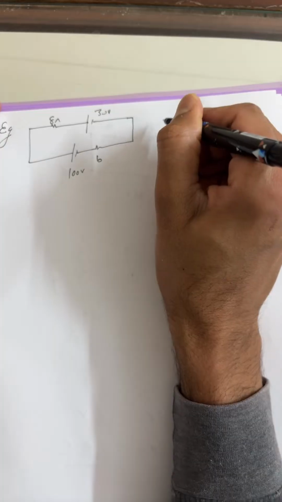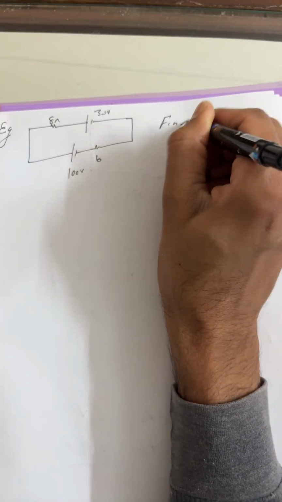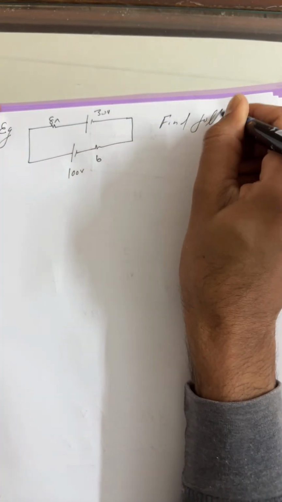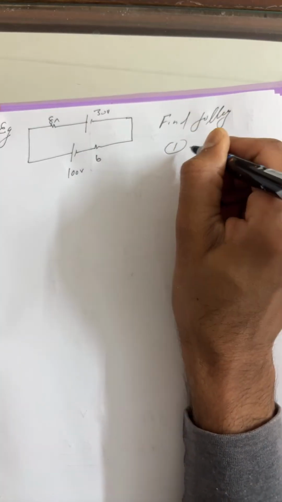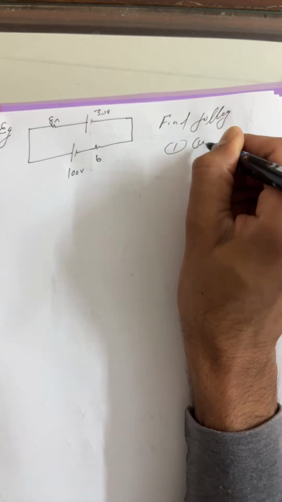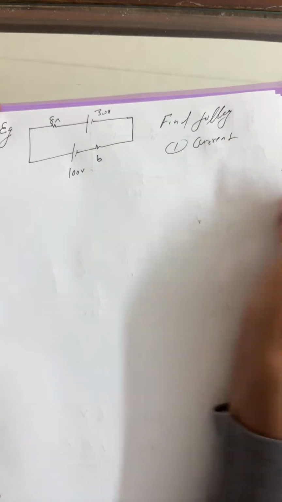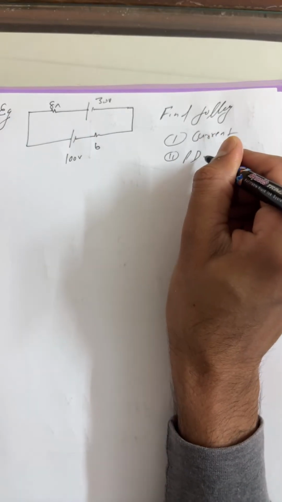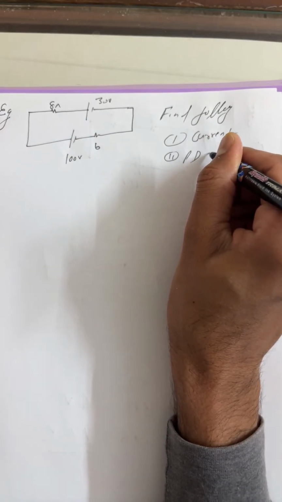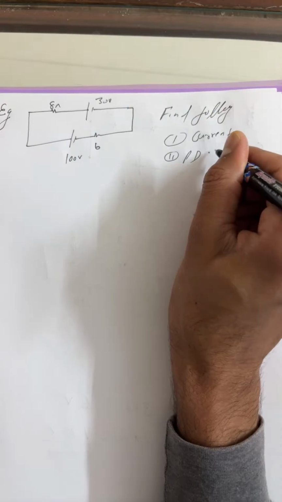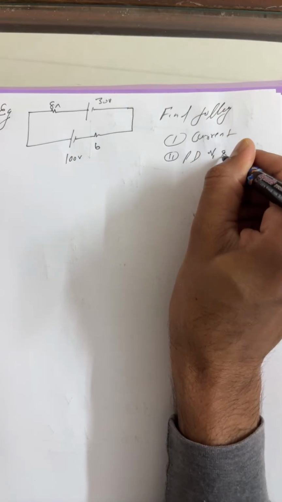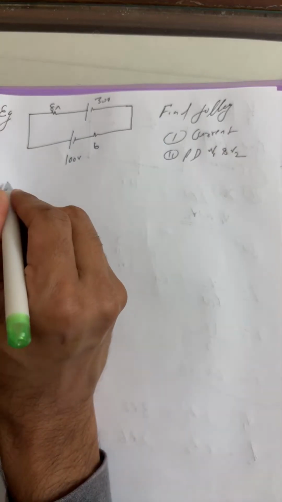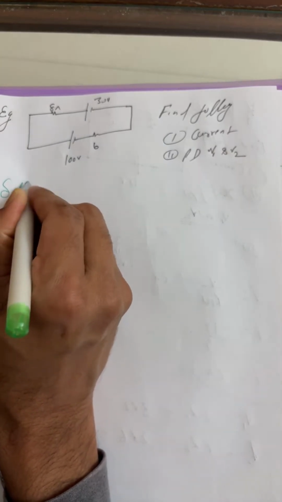Now, beta, you have to find the following: first, the current in the circuit, and second, the potential drops, like V1 and V2. Okay, so student, have a look at the solution of this question.